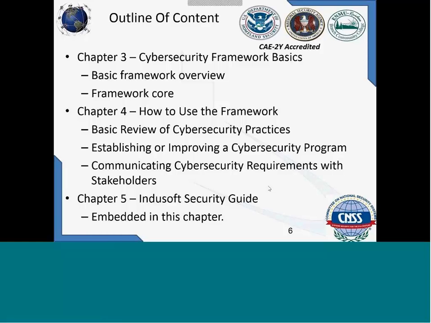The book goes into that. You have to tie this to your business requirements and what's best for your particular organization and your business, and cost versus benefit. And the whole framework helps you do that, along with the CSET tool.